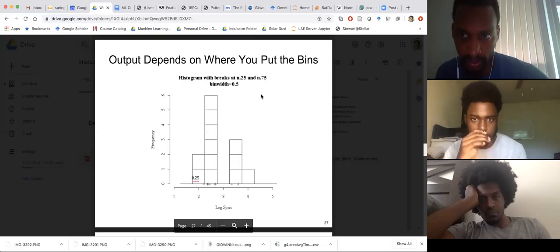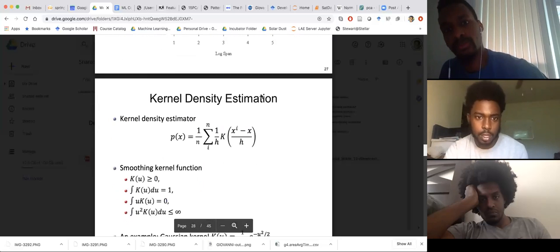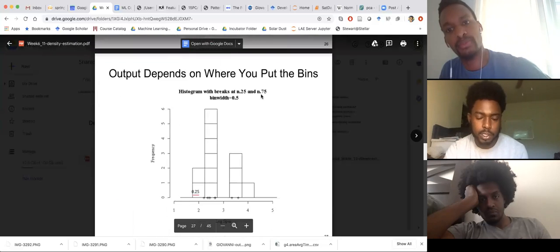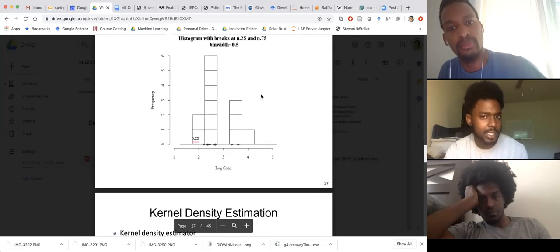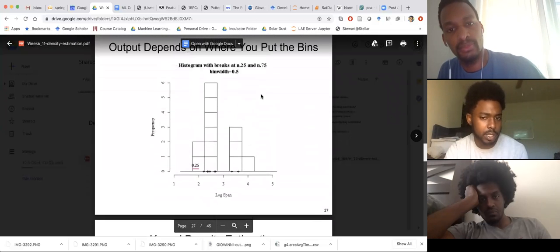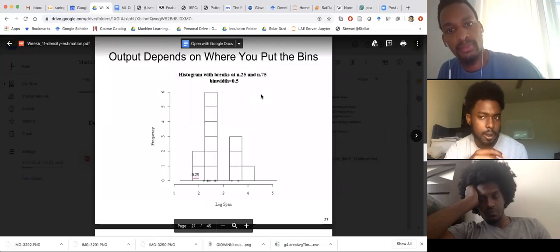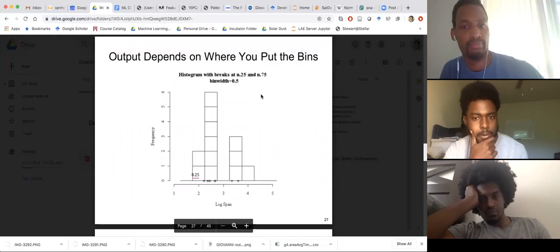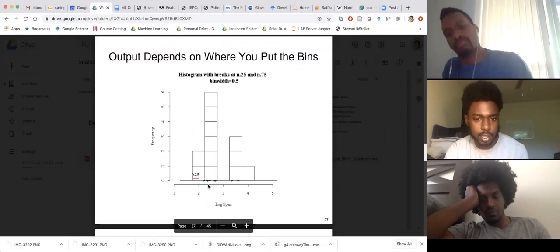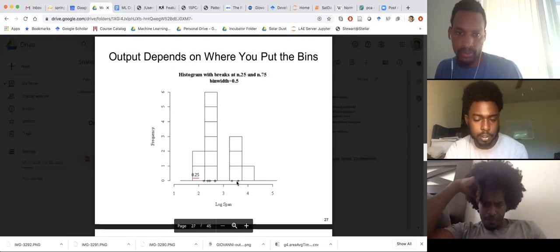So it's really sensitive to where you put the bins, which kind of sucks. I guess that's that for the histogram stuff. Are there questions there? Also note that these dots at the bottom represent the data points.